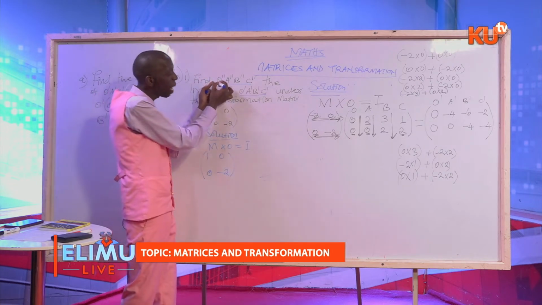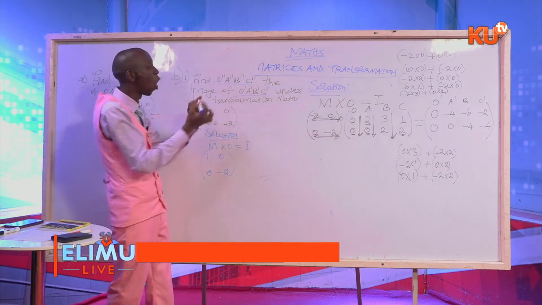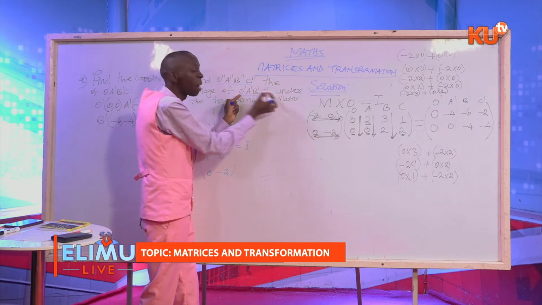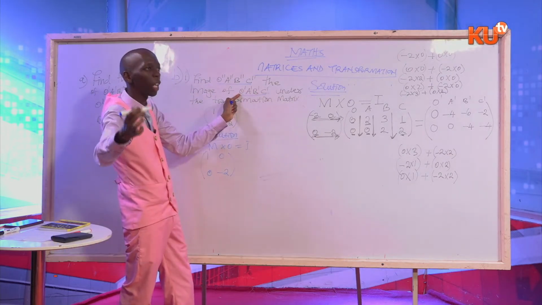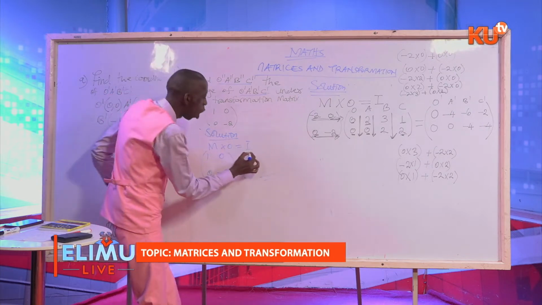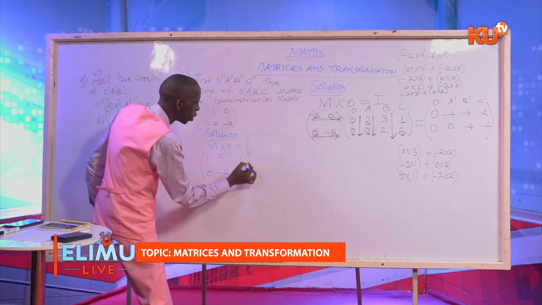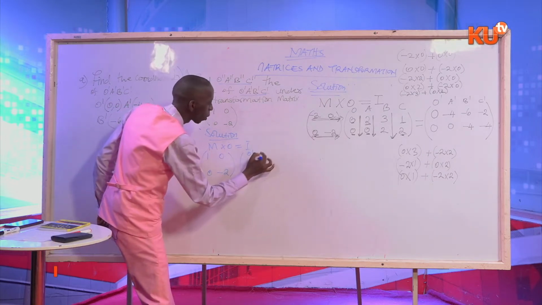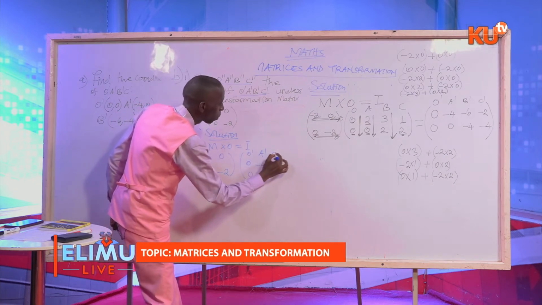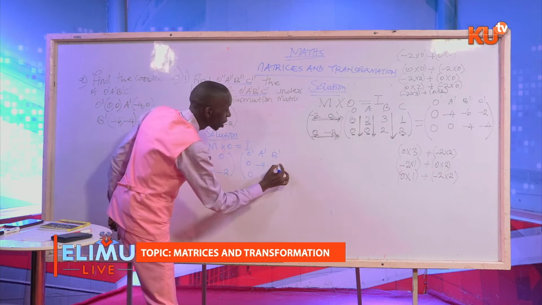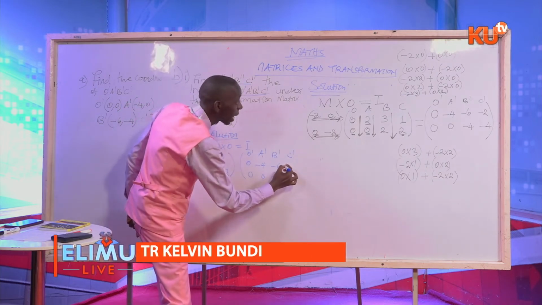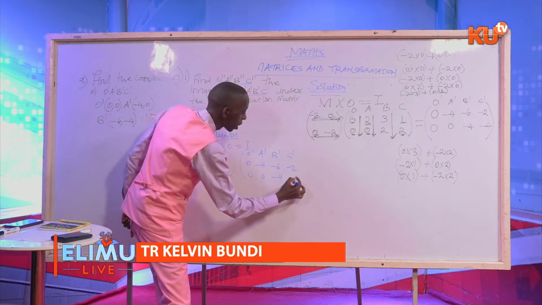So the double prime is the image of the single prime, so the single prime will act as the object. We'll have the matrix multiplied by O prime, which we got as 0, 0, A prime, which we got as negative 4, 0, B prime, which we got as negative 6, negative 4, and C prime, which we got as negative 2, negative 4.